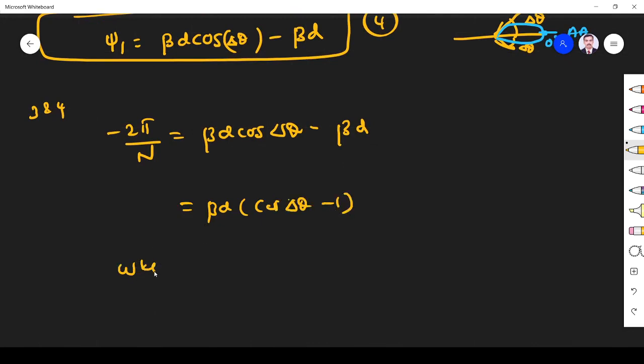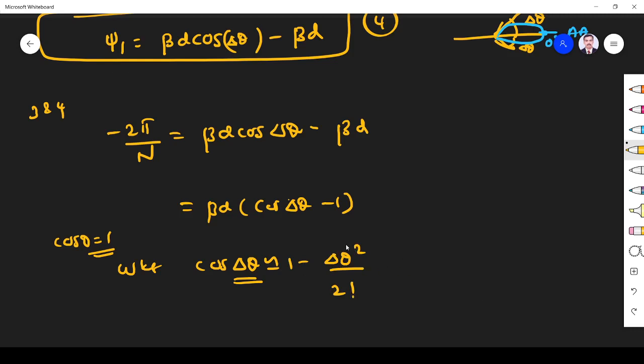But we know that cos del theta is approximately 1 because del theta is very, very small. For example, cos 0 is 1. For a small value, the value of cos is very nearly equal to 1.